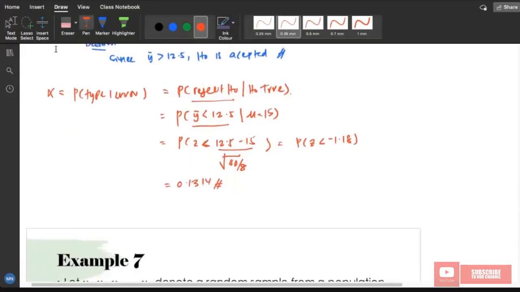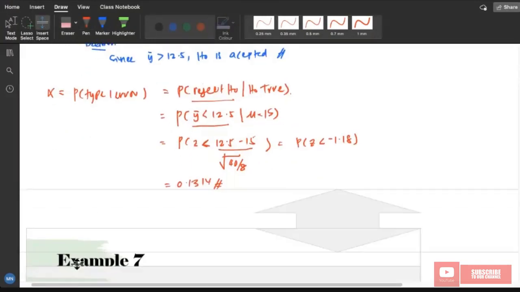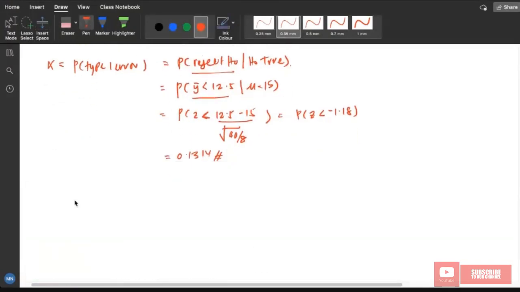And the second question is, they ask us to find the probability of type 2 error. Probability of type 2 error is beta, which is equal to probability of accept null hypothesis when null hypothesis is false, right? So this is the probability of type 2 error.